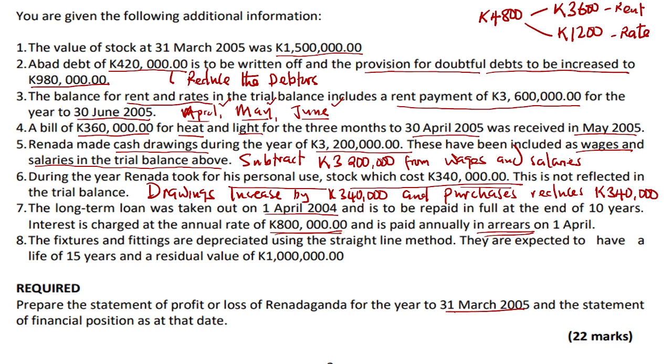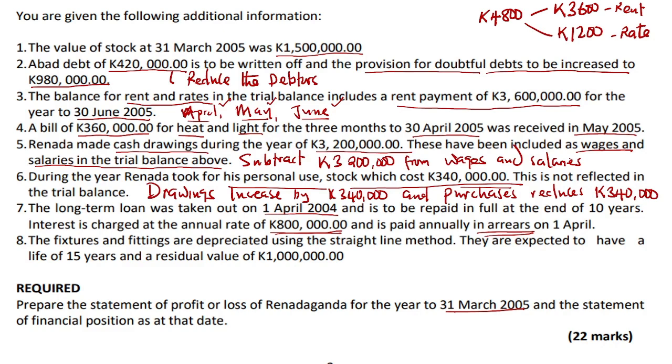Note 4. Are we able to see the note 4? Yes. So note 4 is saying a bill of 360 for heat and light for 3 months.